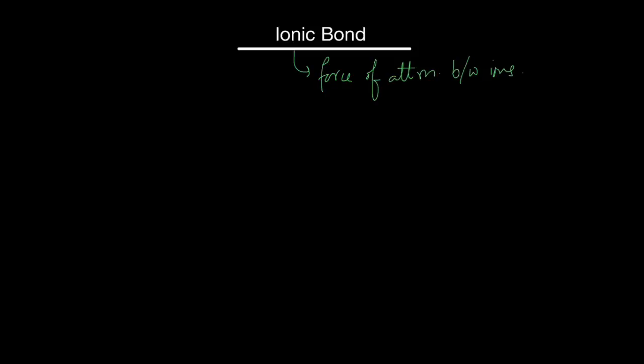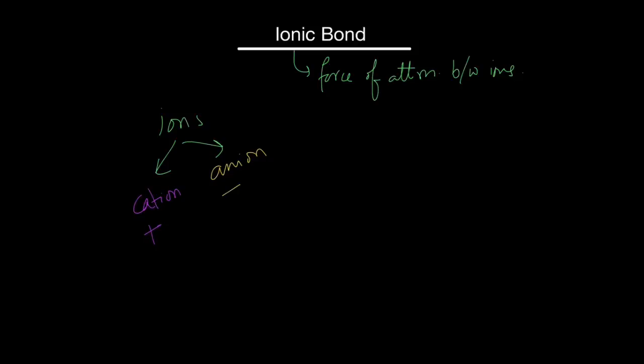Now, which ions attract each other? Now, you know that ions are of two types, right? One is called cation and the other is called anion. Cations are positively charged whereas anions have a negative charge.